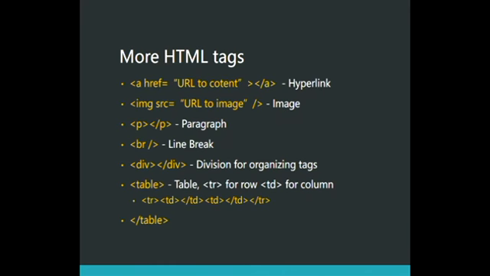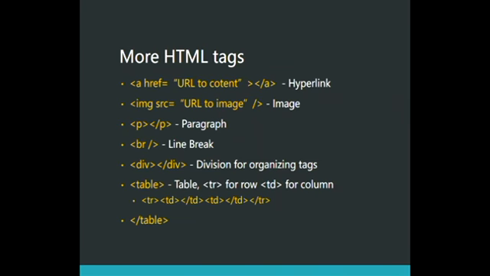And then you have the P tag, which is a paragraph. People usually just use P tags and div tags to organize their websites. And then you have the BR tag, which is a line break, so it starts a new line. And the div tag, which is what I use, is usually for grouping elements together or organizing them in a certain way.